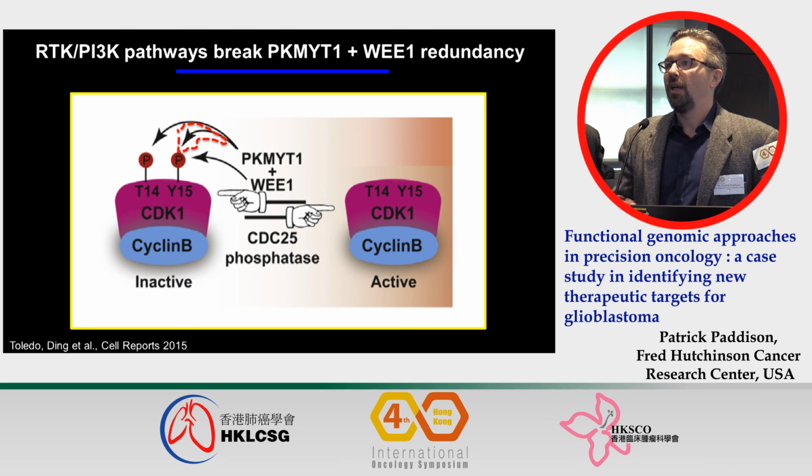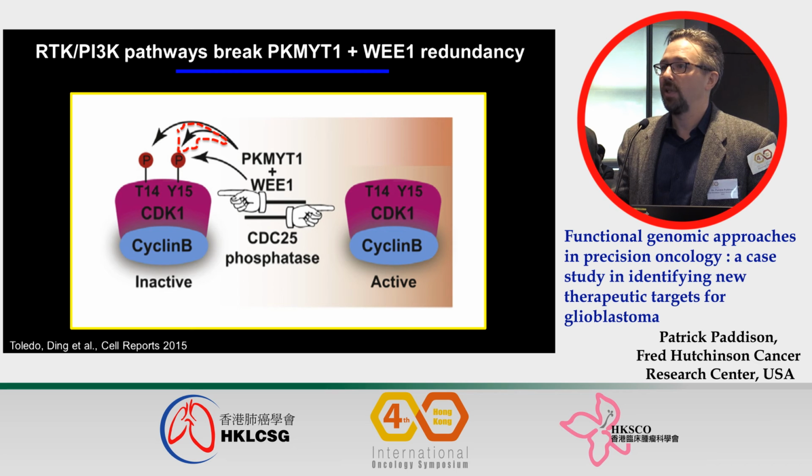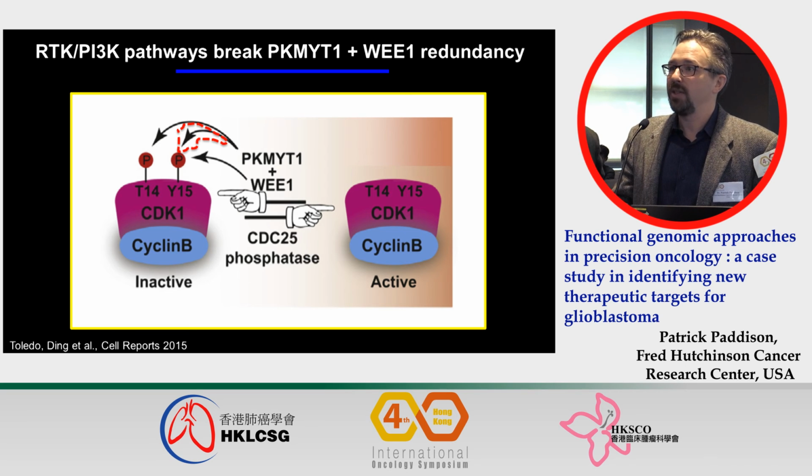And so in our first publication, what we were actually able to show is, it's also called MYT1. MYT1 is a WEE1-like kinase that acts redundantly with WEE1 to add inhibitory phosphorylations onto CDK1 cyclin B to block its activity and help coordinate entry into mitosis.